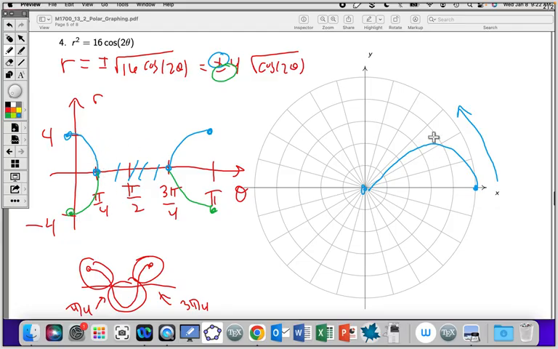Okay, it's very steep, so it's going to come in like that. And then there's a gap, and then between 3 pi over 4 and pi, so then over here, I'm going from 0 back out to 4. So I'm going to do that. Okay, 0 to 4. So that would be that one.